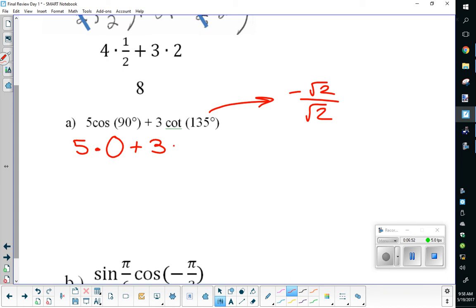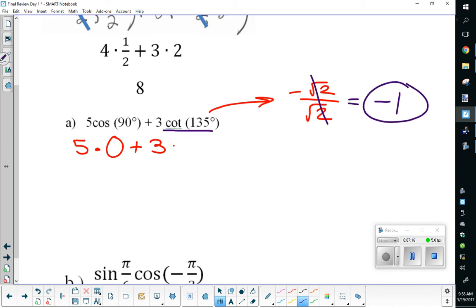What's that get us? Negative 1. I got a radical 2 on top, a radical 2 on bottom. That's negative 1. You do have the tangent numbers written in there as well. So that's tangent. What would I need to do with that negative 1 to get cotangent? Do the reciprocal. What happens when you flip negative 1? It's still negative 1. Cotangent at 135 is negative 1.